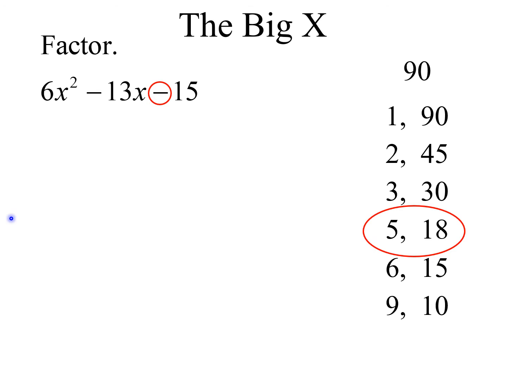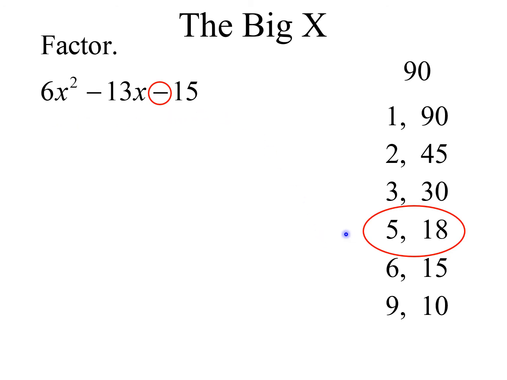Before we move on to step 5, let's say a few things about step 4. If I went down this list and could not find any factor pairs that had a difference of 13, then I would say that this trinomial cannot be factored over the rational numbers. But we found one.